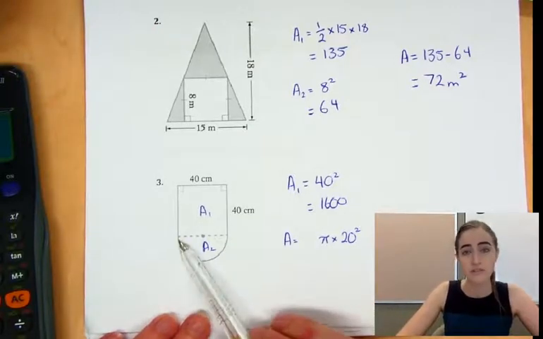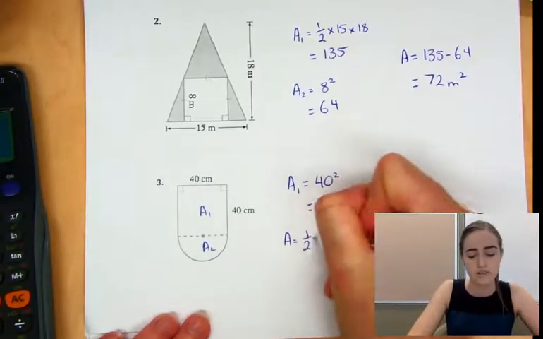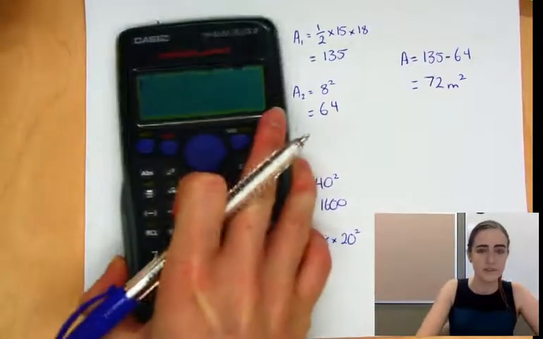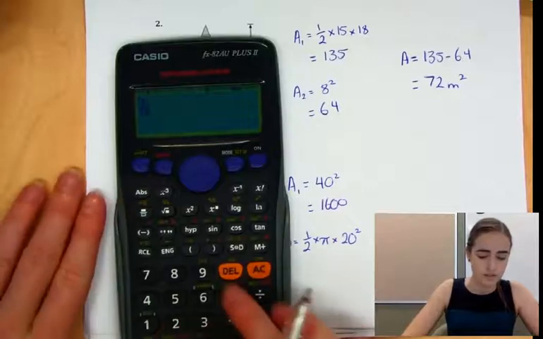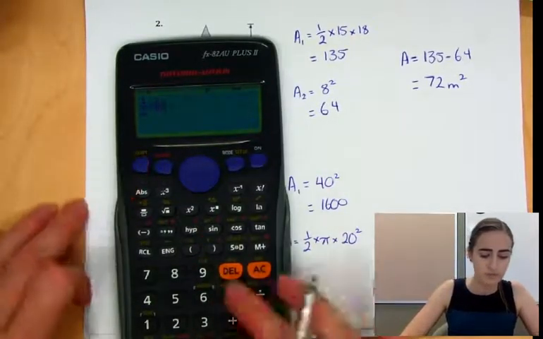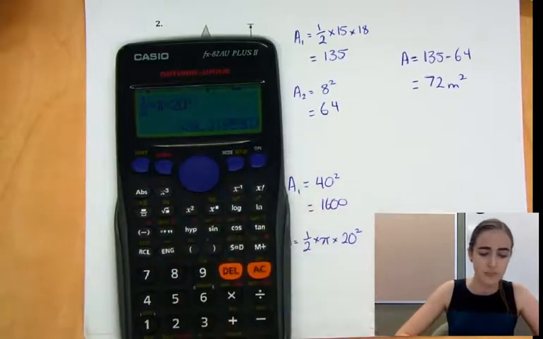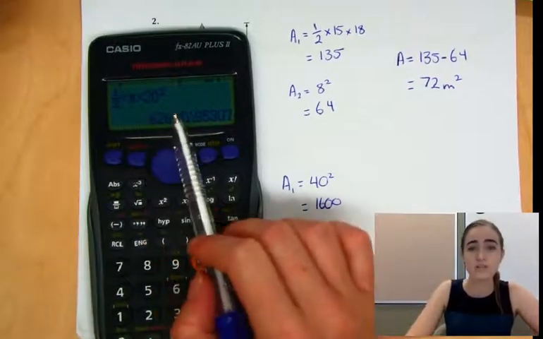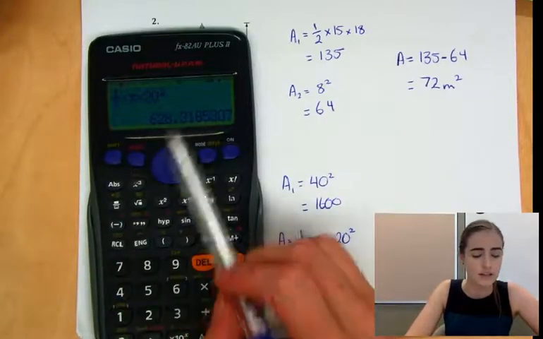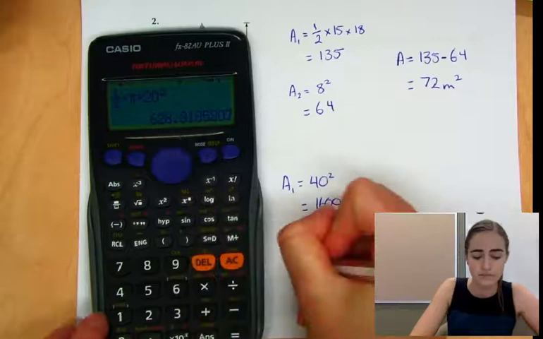Because we only have half a circle, we're going to put a half in front of that. So it's half times pi times 20 squared, which will give us this huge whole number, and we're going to round that to, let's just do it to one decimal place. So we'll have 628.3.